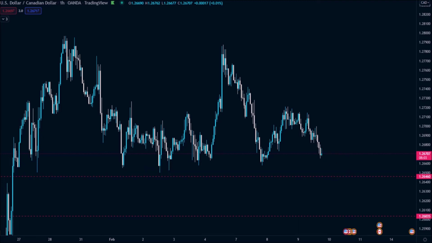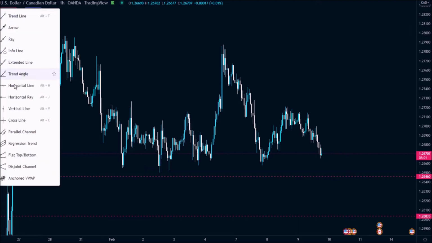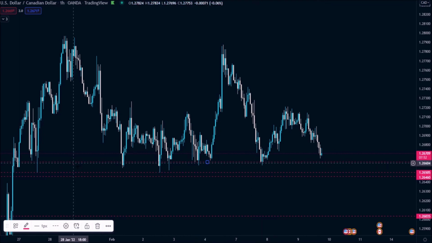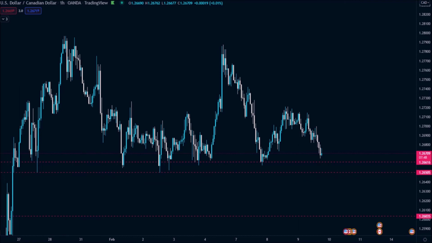What I would do is mark out these lows, mark out this low over here. We take this off. So we have an area of support, support, support, support, and support.